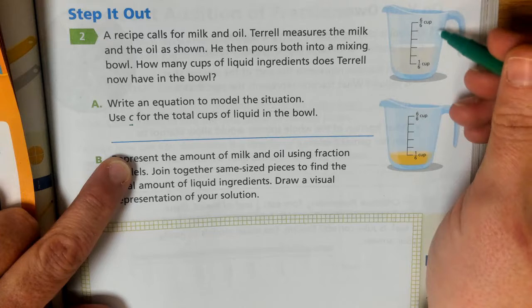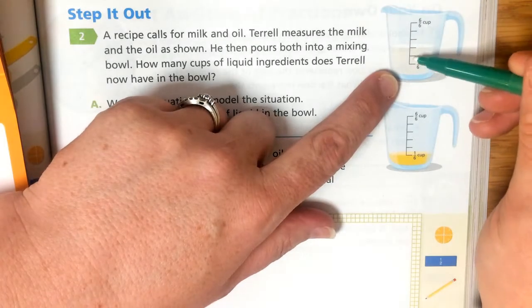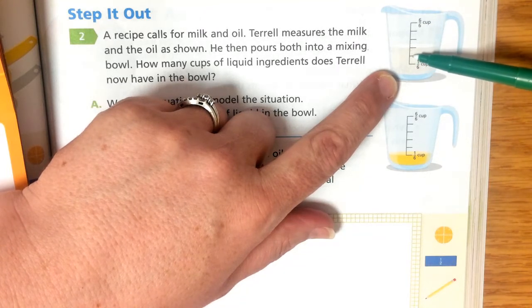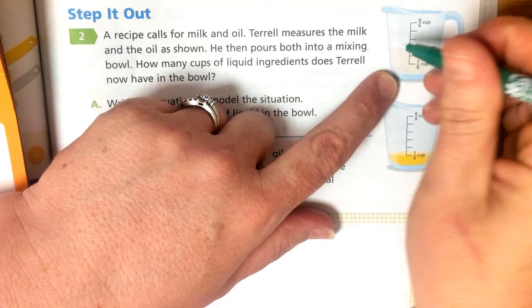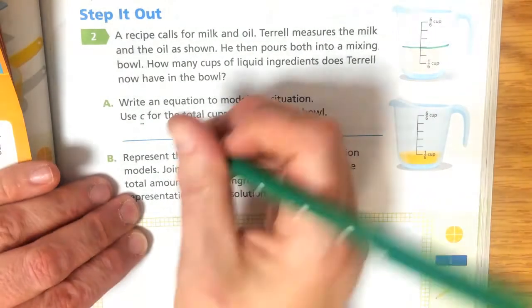So here is our milk. So we can see that each part is 1/6. So we've got 1/6, 2/6, 3/6 is where the line of the milk goes.